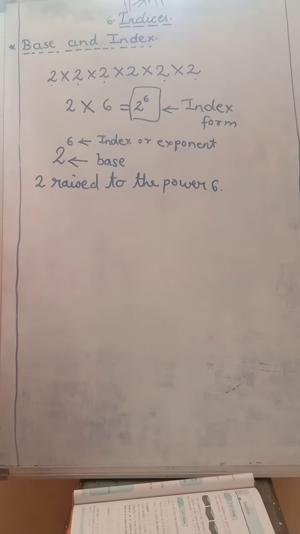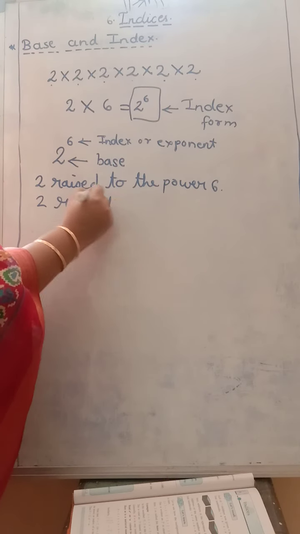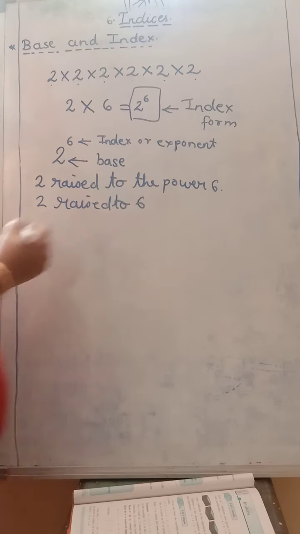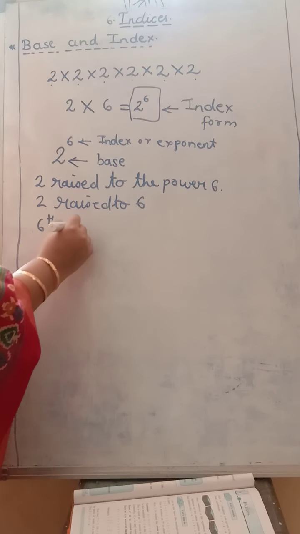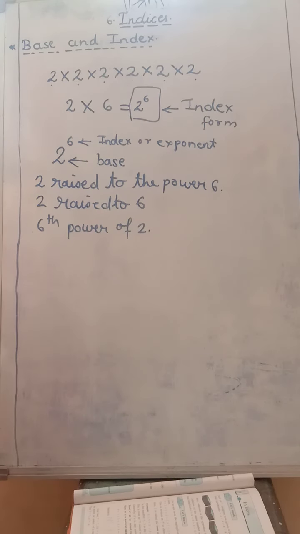Or you can read as 2 raised to 6, or 6th power of 2. Did you understand? 2 raised to power 6, 2 raised to 6, or 6th power of 2. In this way you can read the numbers which are in index form.